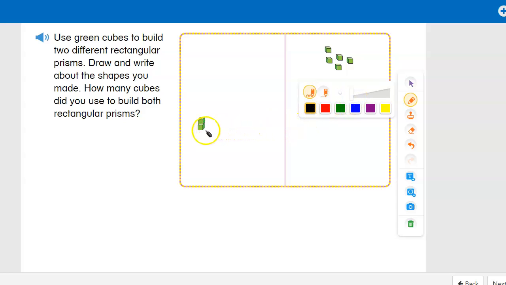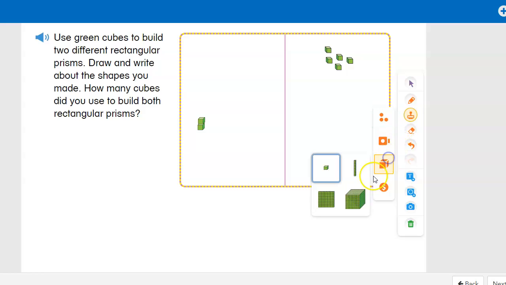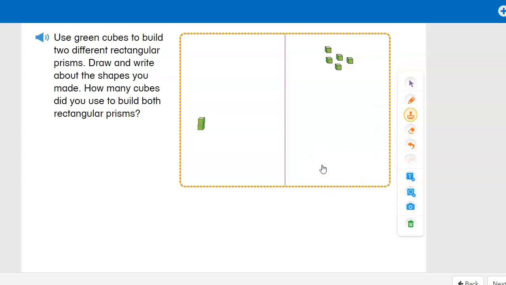So we have 1, 2, 3, 4, 5, 6, 7, 8 vertices and 1, 2, 3, 4, 5, 6 faces. So these two blocks stacked together would make up one of the rectangular prisms we need to build. Imagine that these two blocks were put together to make a rectangular prism.